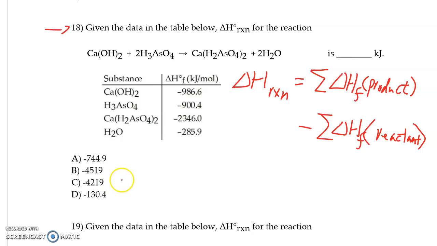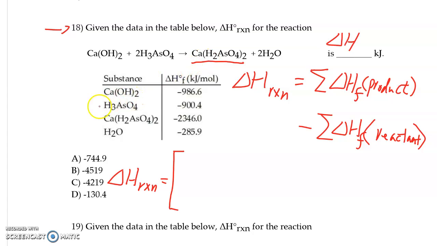Let's do it one by one. How do I get the sum of the enthalpy of formation of the products? If I want to get the delta H of the reaction, delta H of the reaction will be equal to the sum of the formation enthalpy of the products. And that will be over here.